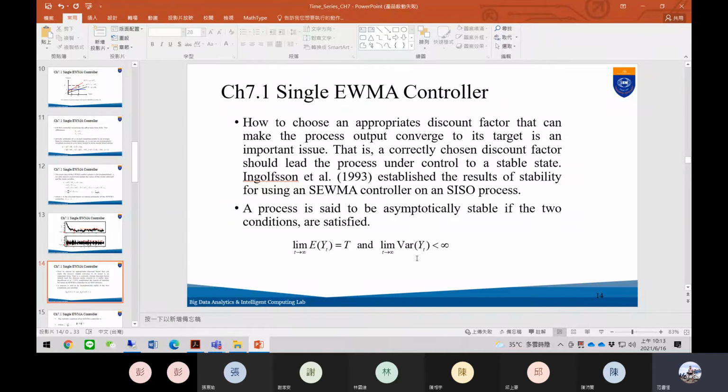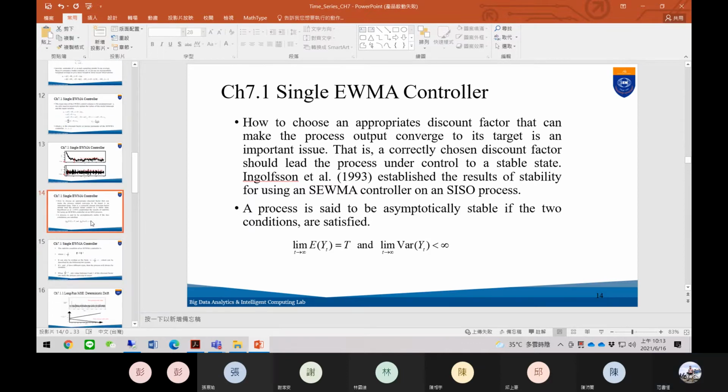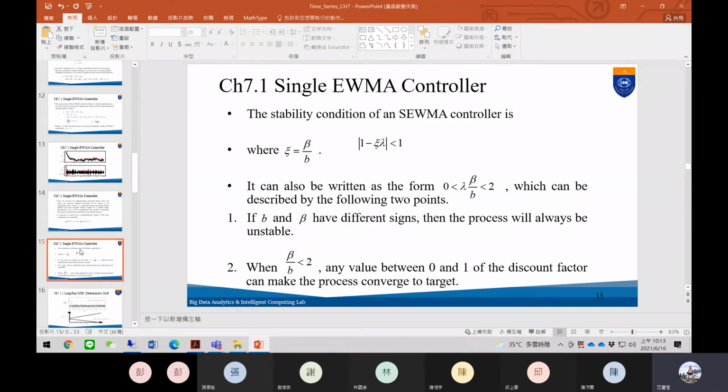So there are two conditions that need to be satisfied in order to make a single EWMA feasible in practice. This is the stability condition of the EWMA controller. Psi is equal to beta over b.